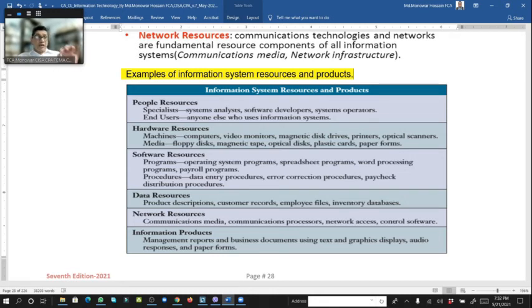Software resources are operating system programs, spreadsheet programs, word processing programs, payroll programs, etc. Procedures: data entry procedure, error correction process, pay check process, etc. Data resources: product description, customer records, employee files, inventory database, etc. For example, in HR software, if we input an employee code, all data appears.